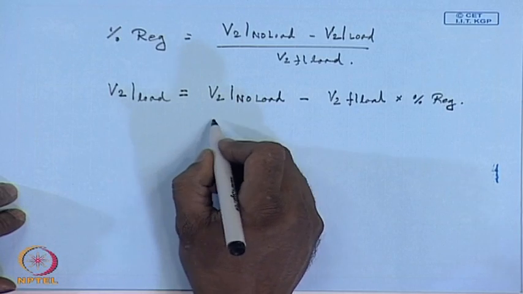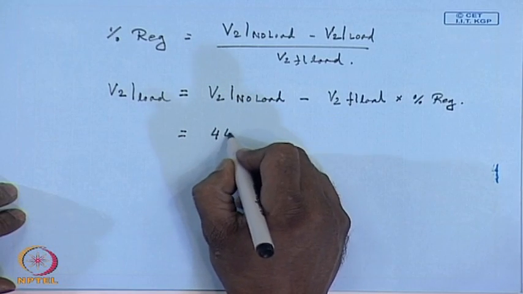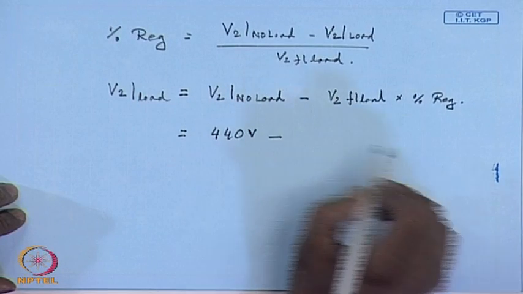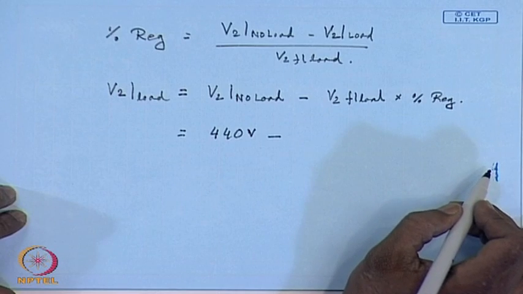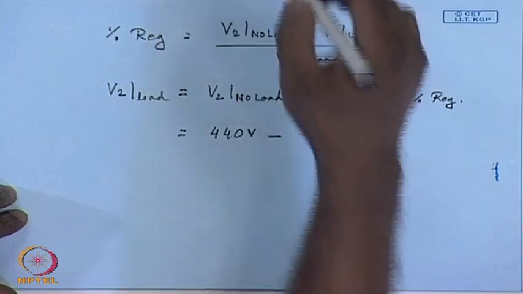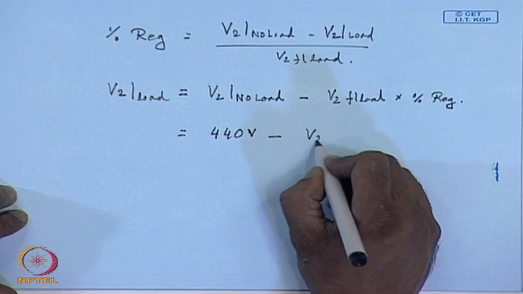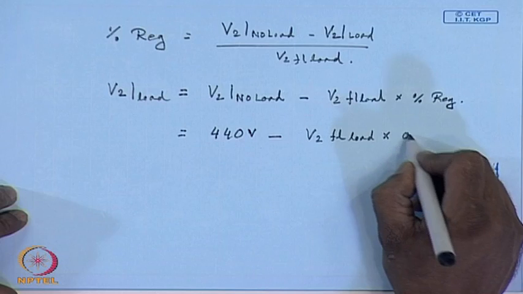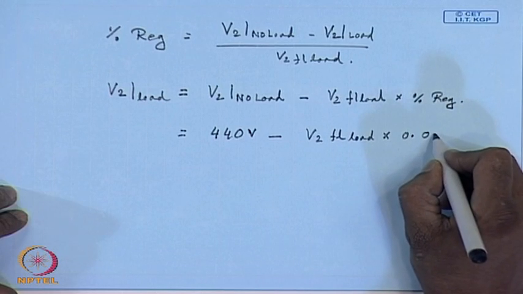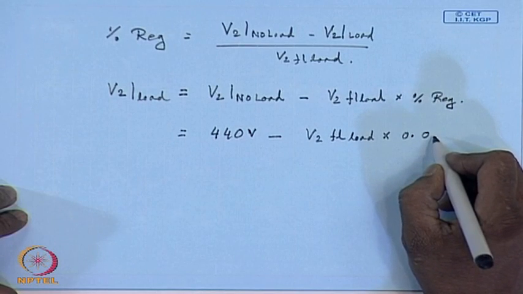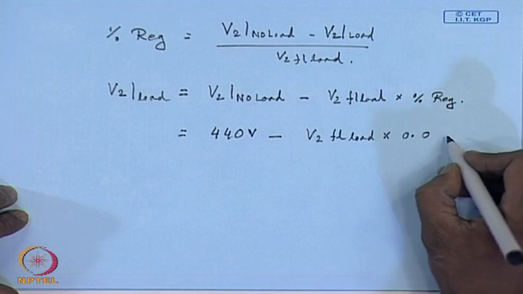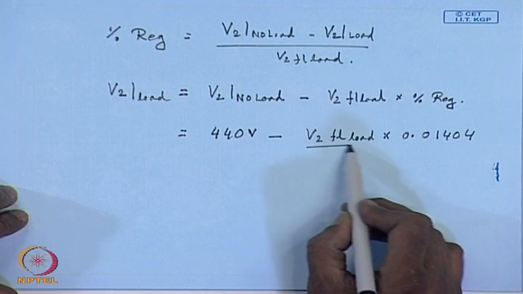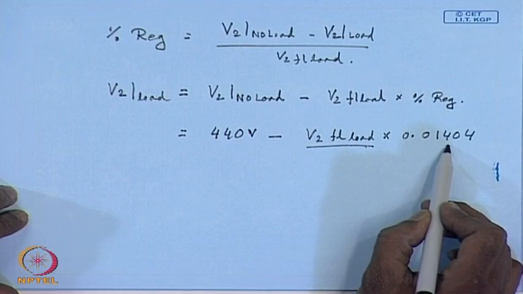Now, V2 at no load is given as 440 volts. V2 at full load at the same power factor can be obtained from the same formula, into 0.01404. However, it is not necessary because this is multiplied by a very small factor.